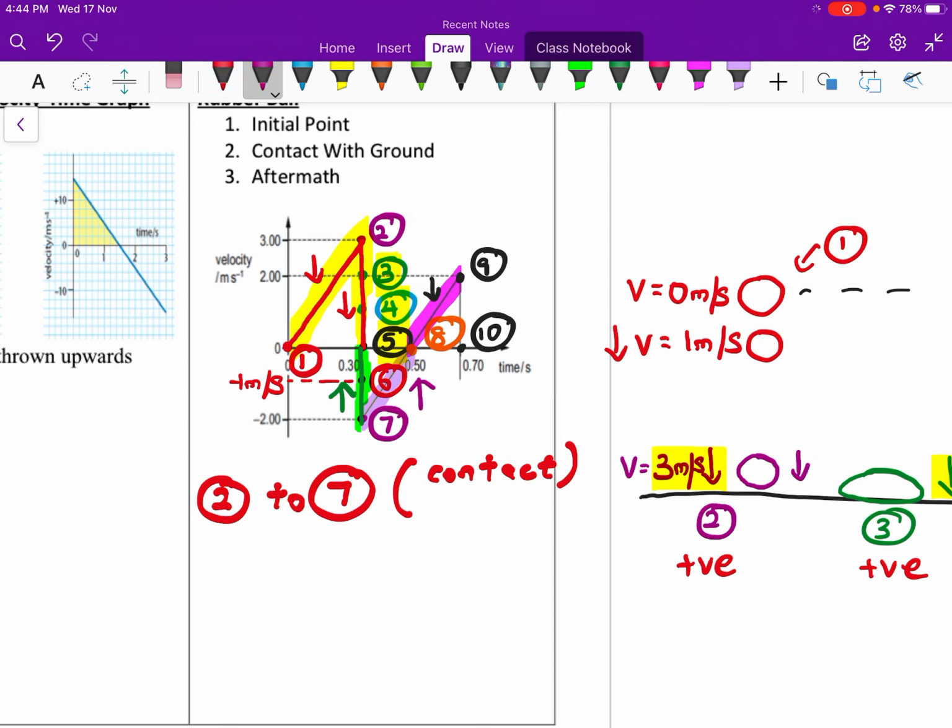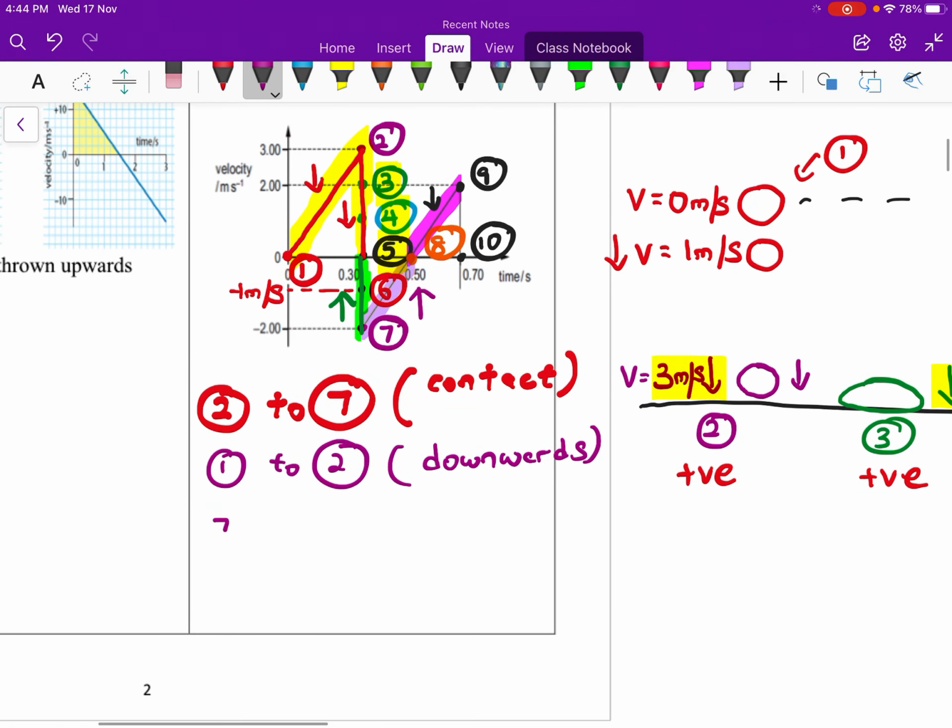From point number 1 to point number 2 is moving downwards. Then from point number 7 to point number 8 is moving upwards.